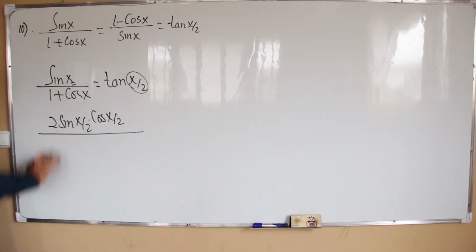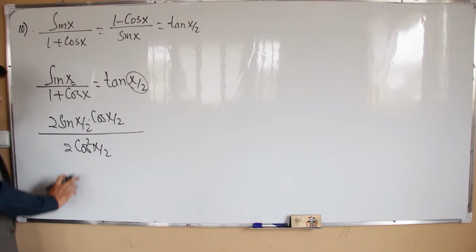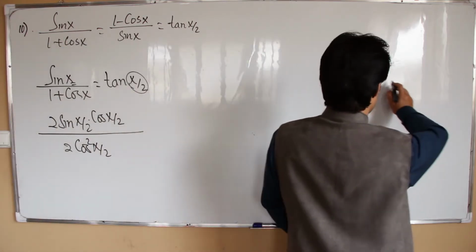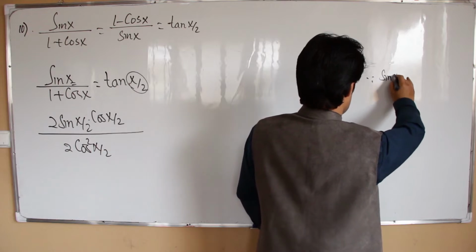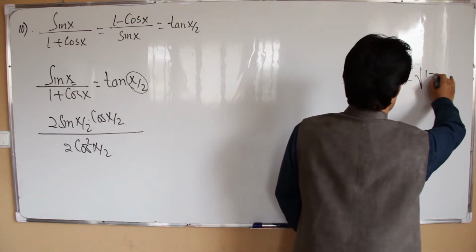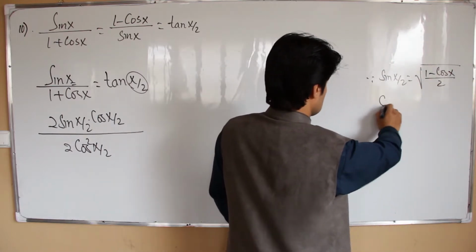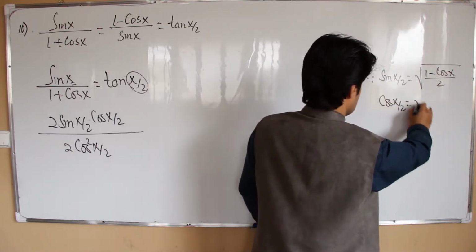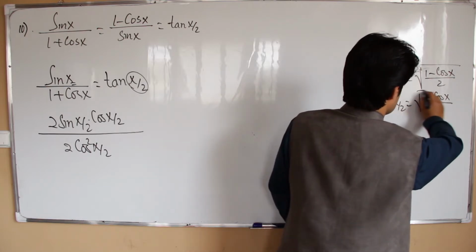And instead of 1 plus cosine x, can I use 2 cosine square of x by 2? Where did I find this one? Listen, we had one formula, which is cosine of x by 2 is, using 1 plus cosine of double of this one divided by 2.